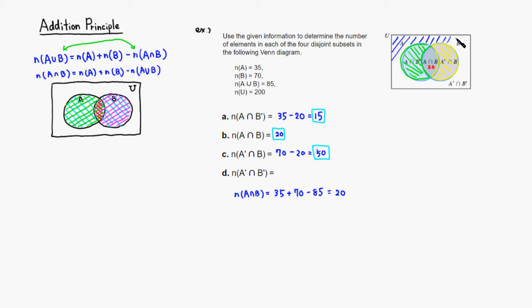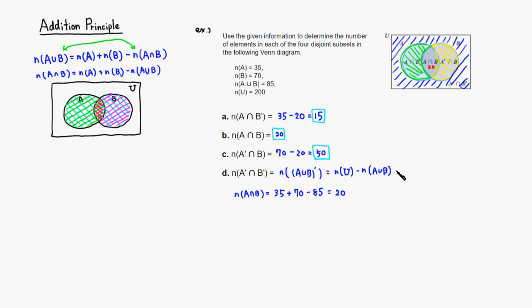This is really the same thing as the number of elements in A union B complement, so you just subtract the number of elements in A union B from the total.